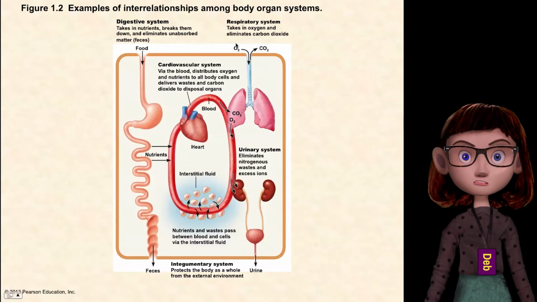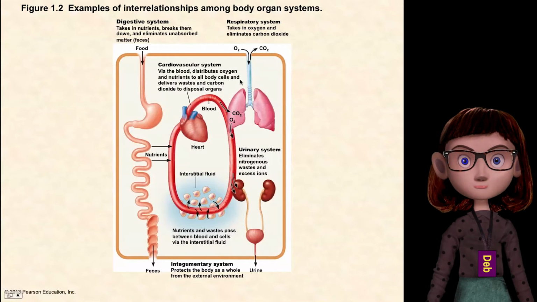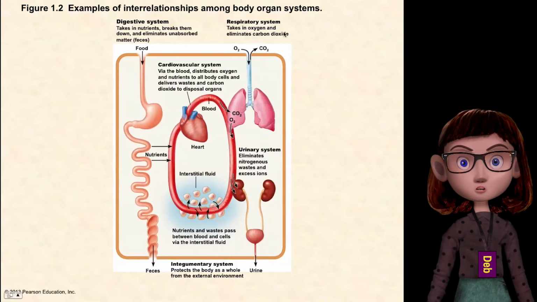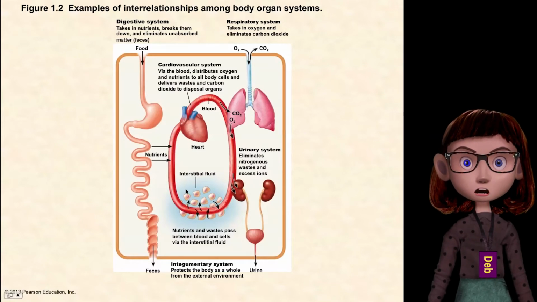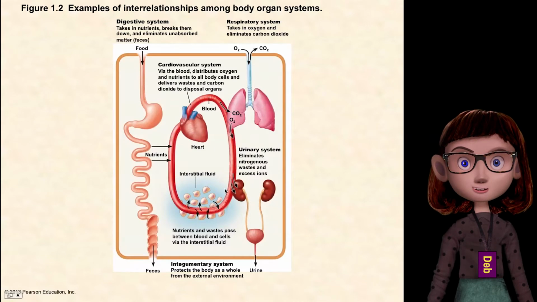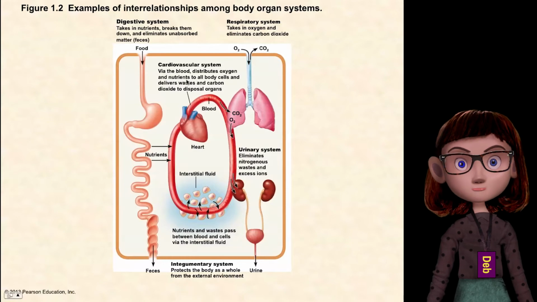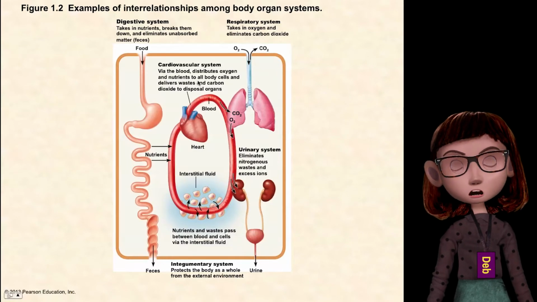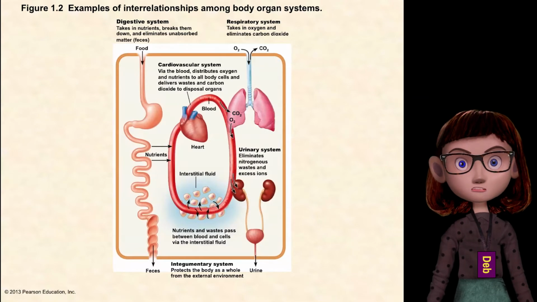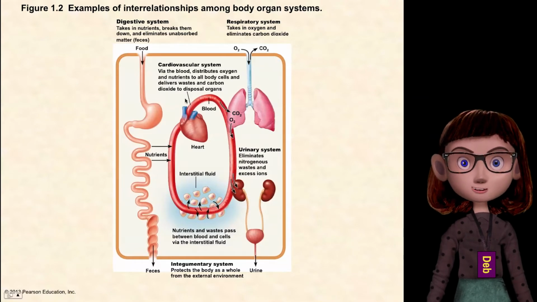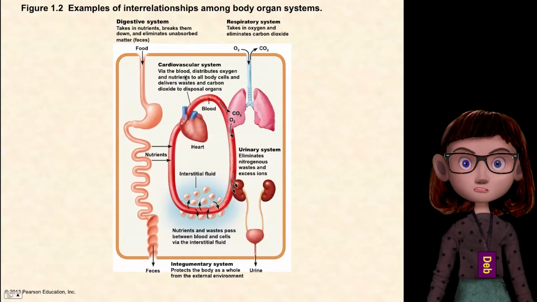Here's the respiratory system. It takes in oxygen from the air that we breathe, and then it will eliminate carbon dioxide in the air that we exhale. And you can see the cardiovascular system right here in the middle. This is distributing oxygen and nutrients to all the body cells and delivering waste and carbon dioxide to the disposal organs. And this, of course, is through the bloodstream.